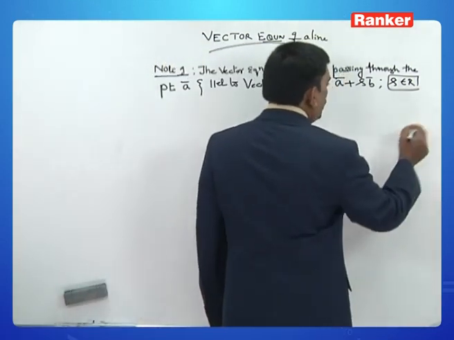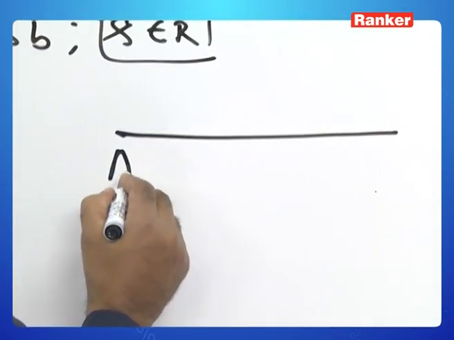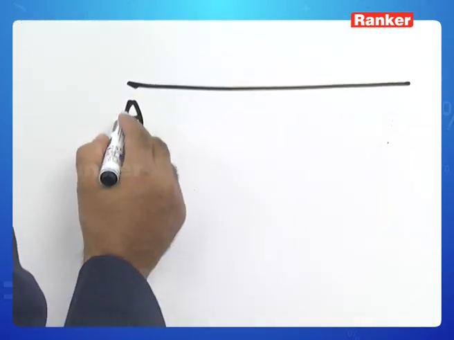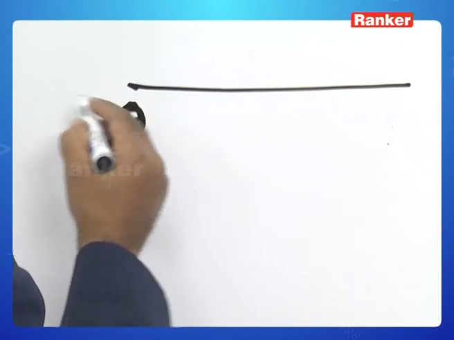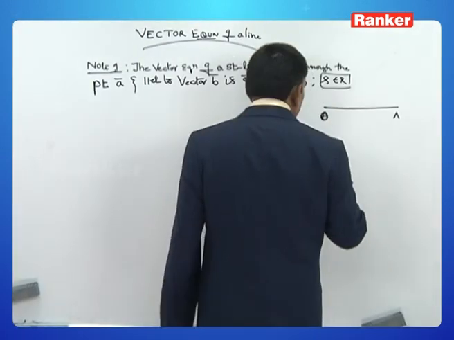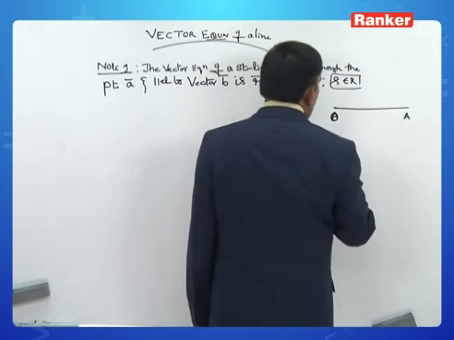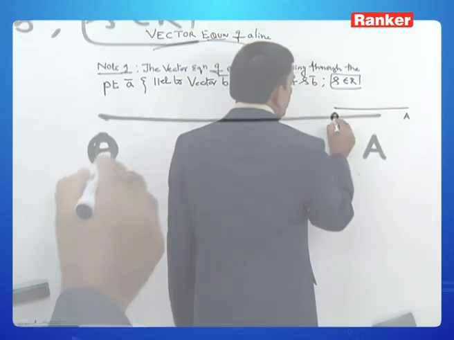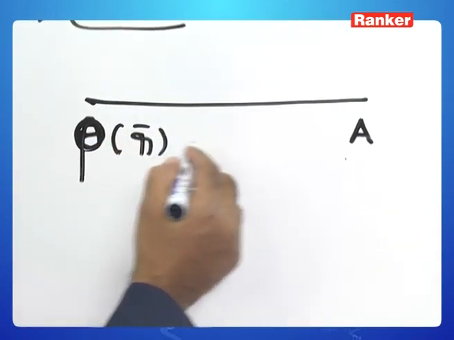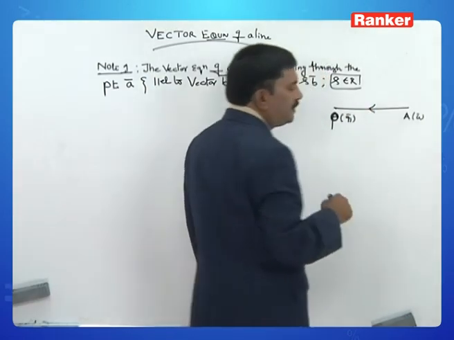Yes, if I take this as A or else O, an initial point, the line is passing through the point A bar. Now if I take this as P of R bar, this is AP bar.